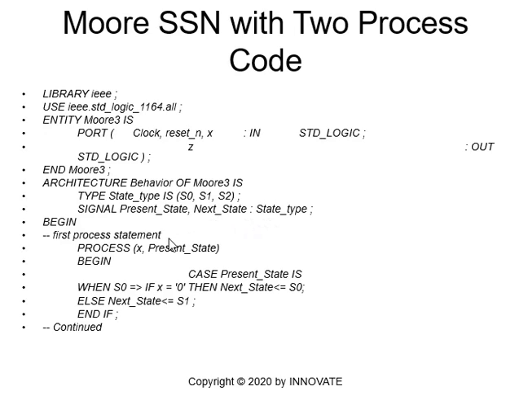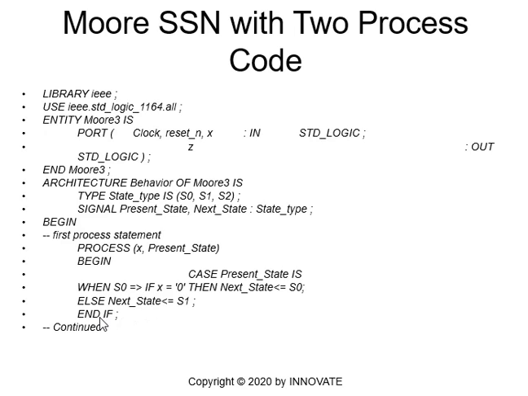We begin. The first process statement has the sensitivity list X and present state. Case present state is: when S0, if X is 0, then S0 will be my next state, so I will assign S0 to the next state. Else, I will assign S1 to the next state.